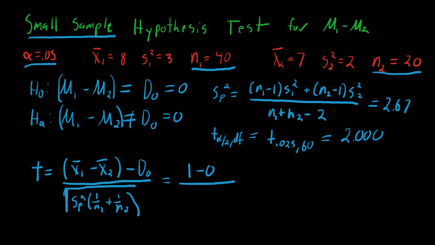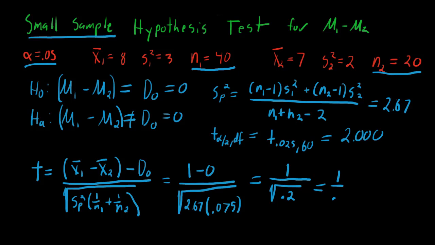Divide that by the square root of 2.67 multiplied by 1 over n1 plus 1 over n2, which is equal to 0.075, which gives us 1 over the square root of 0.2, which gives us 1 over 0.447, which comes out to be 2.234.